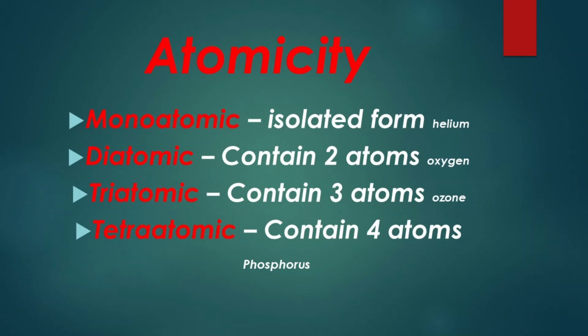Whereas diatomic molecules contain two atoms combined together, and its examples are hydrogen, nitrogen, oxygen and chlorine. In triatomic molecules, three atoms are combined together and its example is ozone, whereas in tetraatomic molecules, four atoms are combined together and its example is phosphorus.